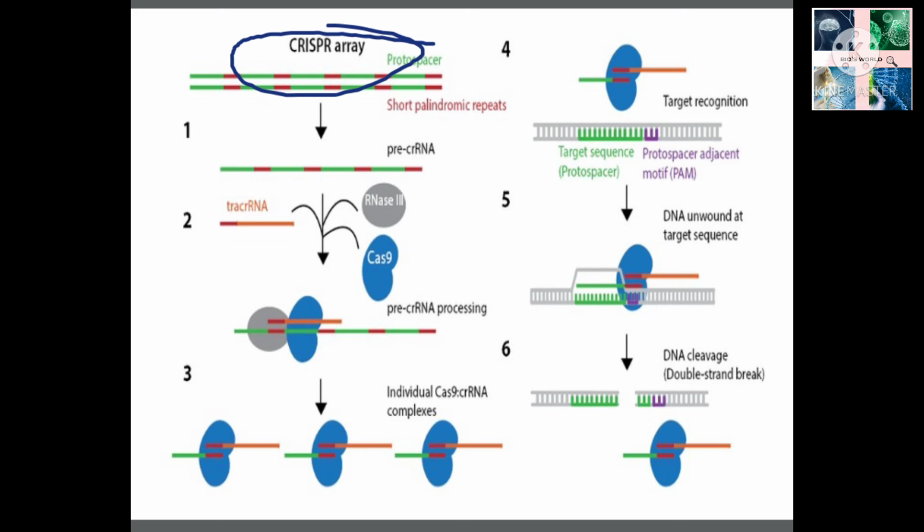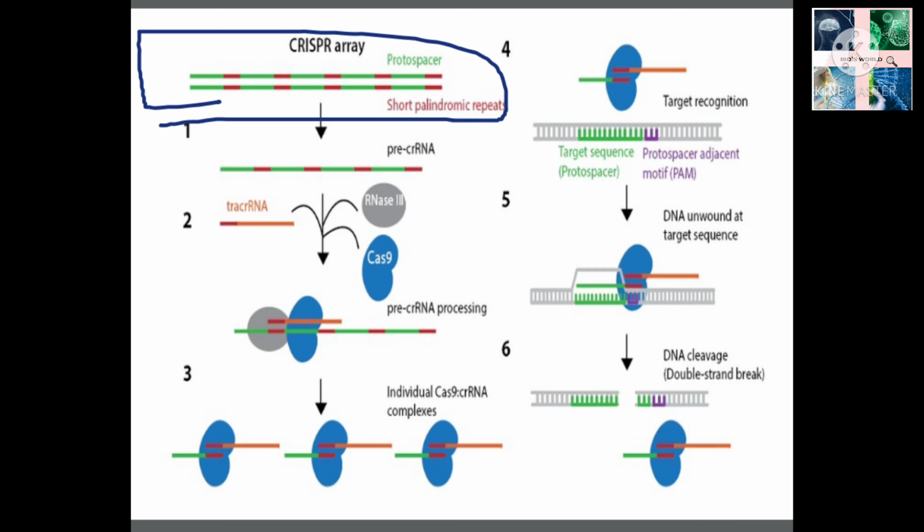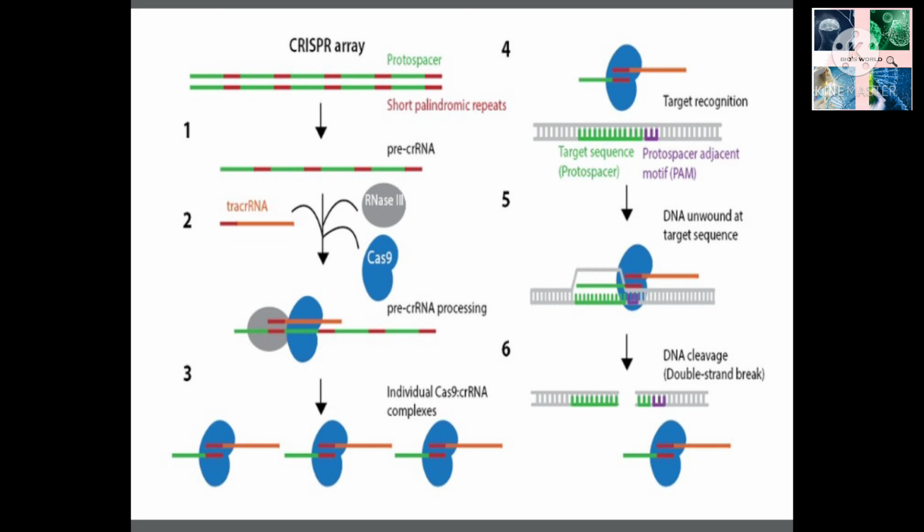Next is the CRISPR array. Specialized Cas proteins snip foreign DNA into small fragments, approximately 20 base pairs in length, and paste them into contiguous strands of DNA known as the CRISPR array.